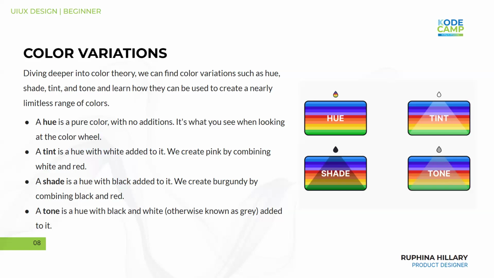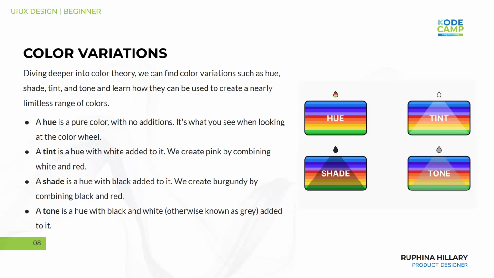I don't know if that is making sense. And now you have shade. A shade is a hue with black added to it. We create burgundy by combining black and red. Then a tone is a hue with black and white, or rather gray, added to it. So these are different color variations that we would find.